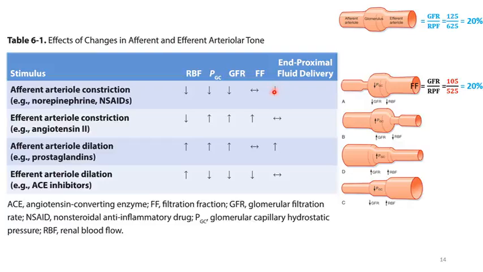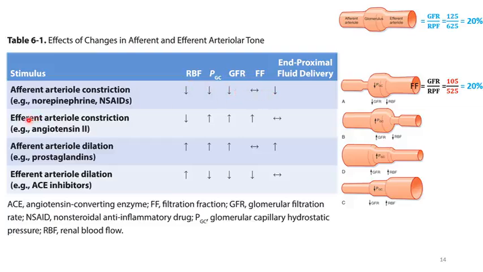It shows that overall the amount of filtered plasma that reaches the end of the proximal renal tubule will decrease because GFR is decreased and overall plasma that is filtered is decreased.